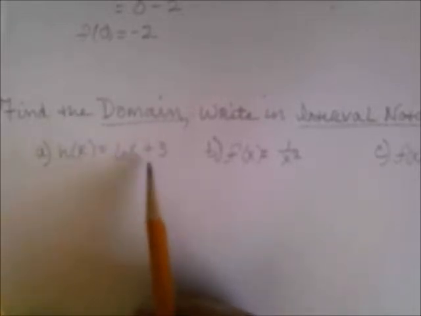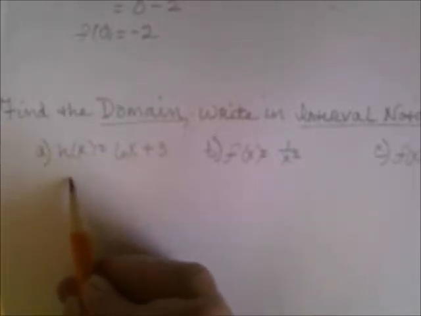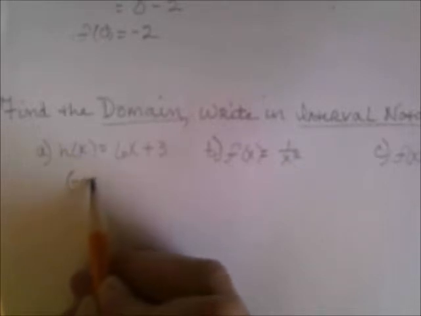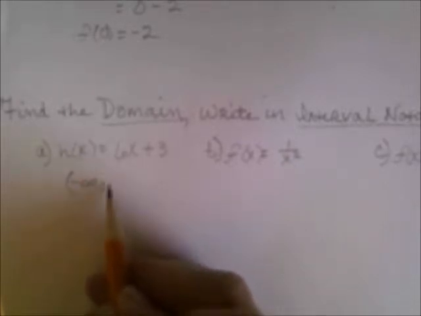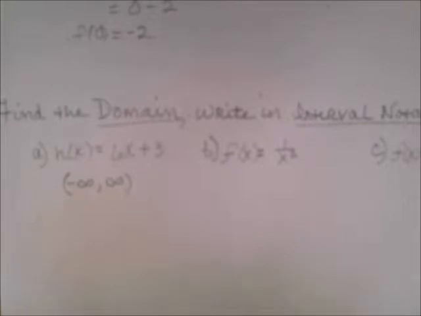So we're fine there. So the domain is going to be, remember, writing in interval notation, negative infinity, because it's all real numbers, right? So that's all of the real numbers from negative infinity through positive infinity. So there we have our interval notation.